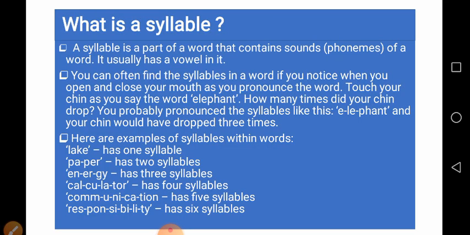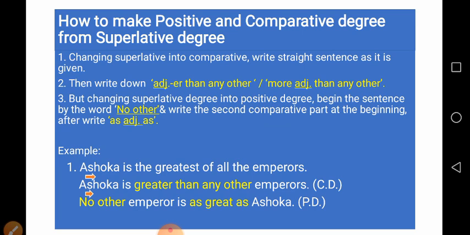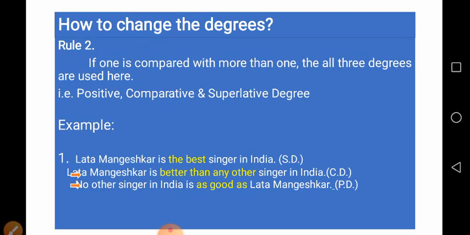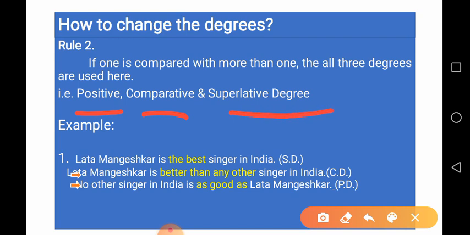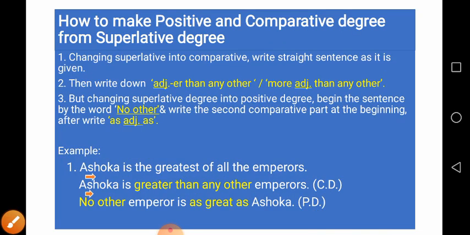We learned rule number 2: when one is compared with many, we use all 3 degrees, positive, comparative and superlative. While making the positive and comparative from the superlative degree, we add any other in the comparative, and we start the positive degree with the words no other.